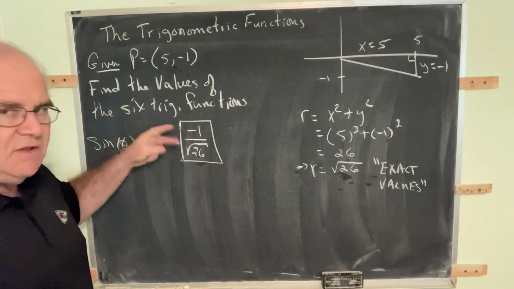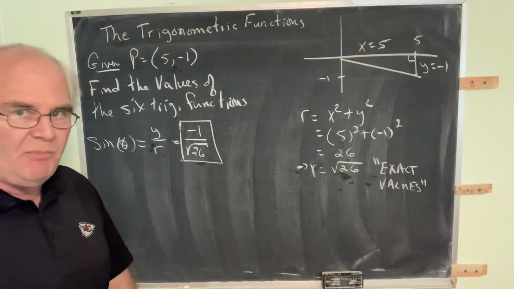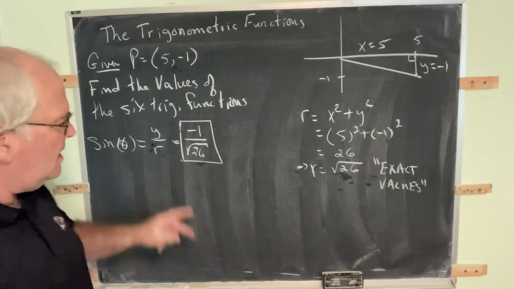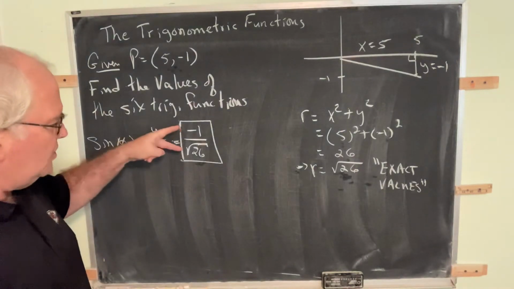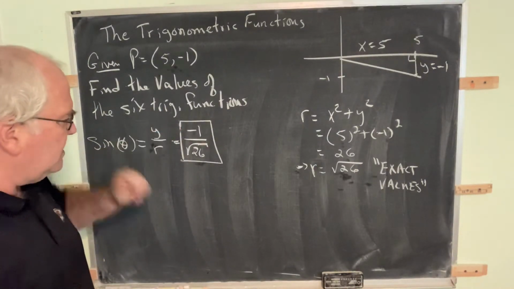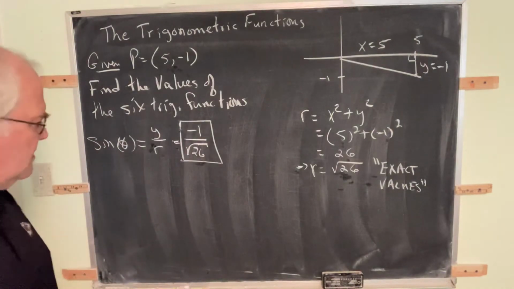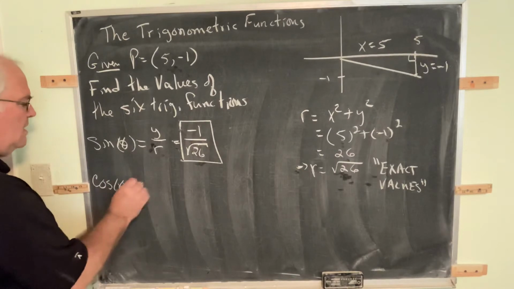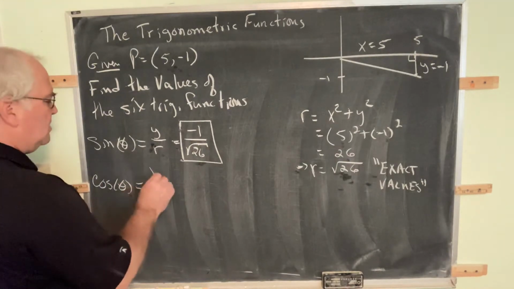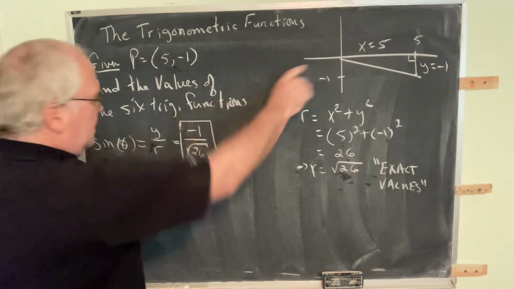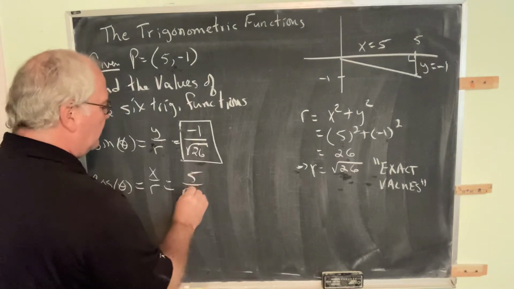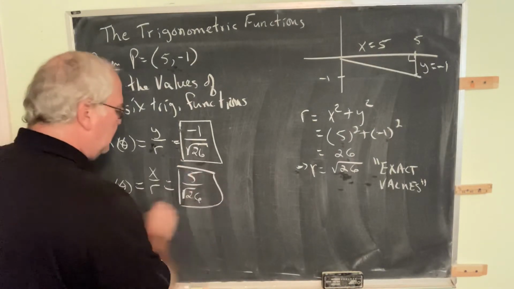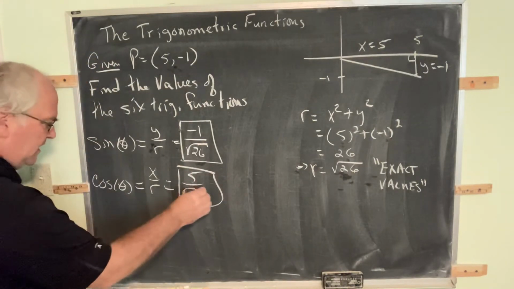If you want to change the form, that's wonderful, but you're not getting more points. You're just burning time. You may leave your answer as negative 1 over the square root of 26. And then the rest of these follow very similarly. Cosine theta is x over r. X is given to be 5 over the square root of 26. Leave it alone.